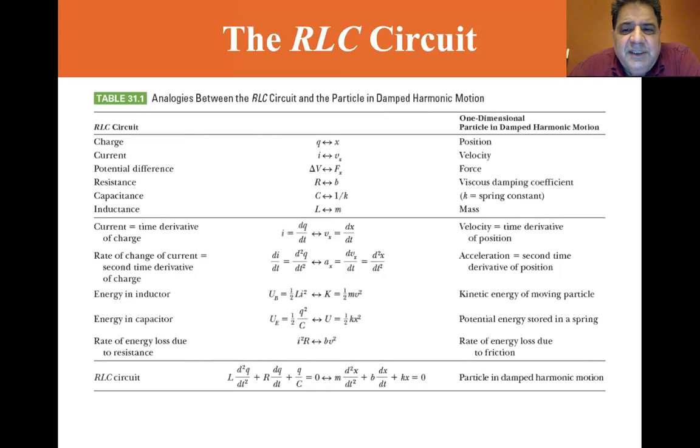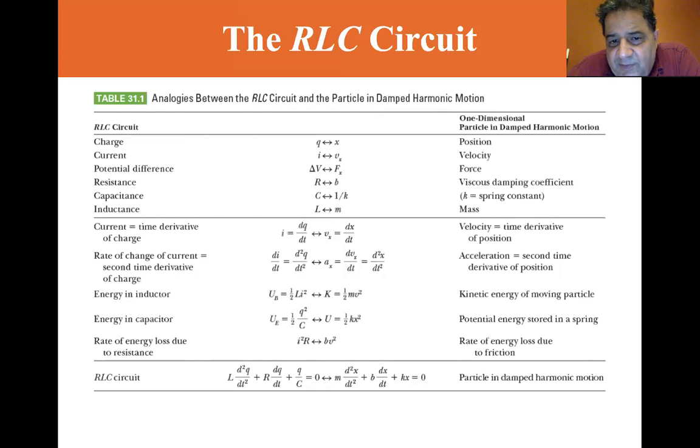The capacitance is C, 1/C corresponds to k, the spring constant. The inductance is L, and the mass is m. And then you see the equation comparisons here: I equals dq/dt, Vx equals dx/dt, and the rate of change of current equals the second time derivative of charge.